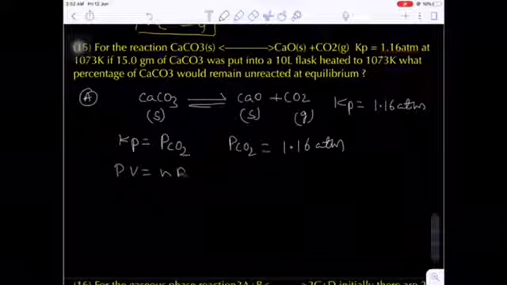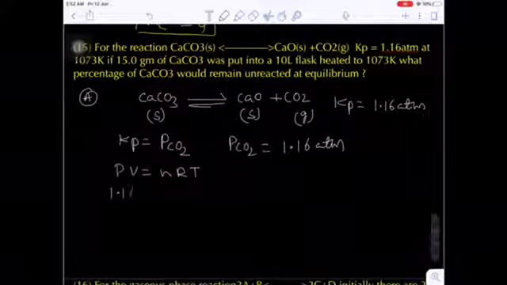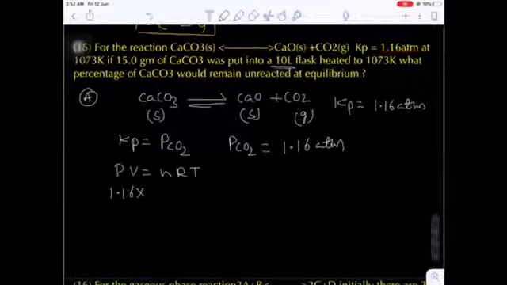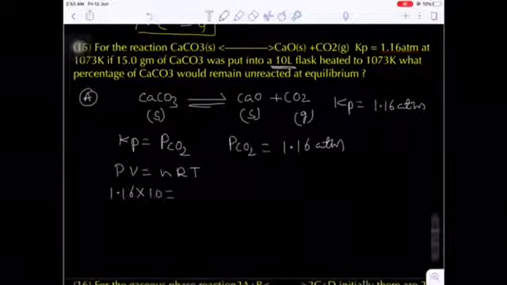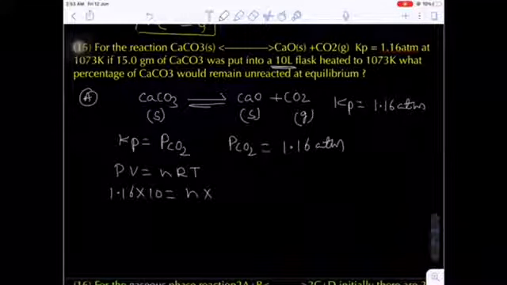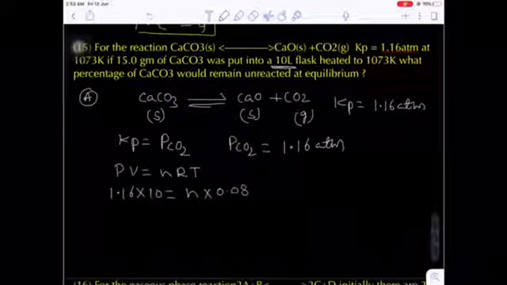Now here from the partial pressure of CO2 we can find how many moles of CaCO3 will decompose. How? From the ideal gas expression, PV is equal to nRT. Okay. What is the pressure? 1.16 atm. What is the volume of the container here given to you? 10 liters. Number of moles of CO2 to be calculated.